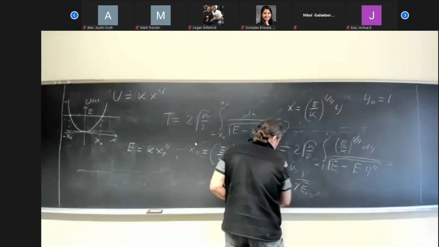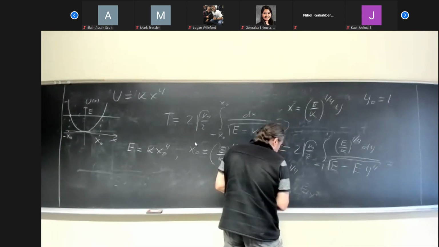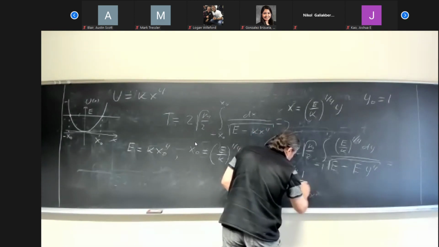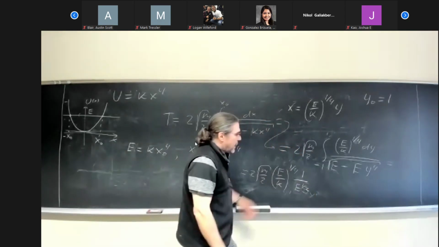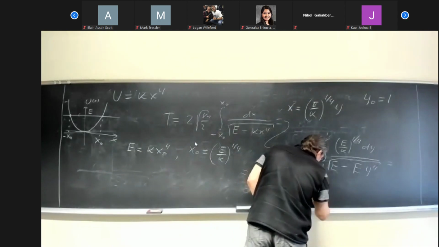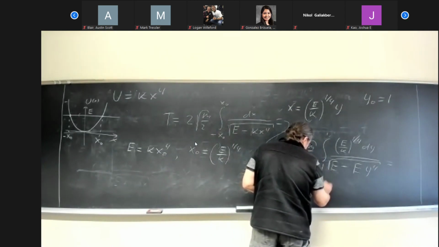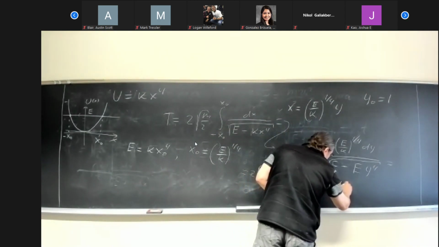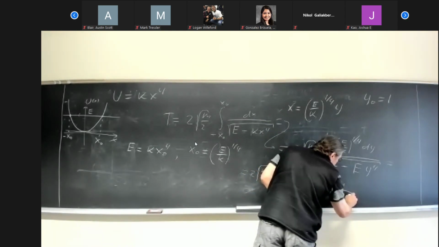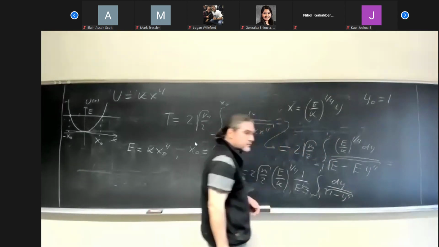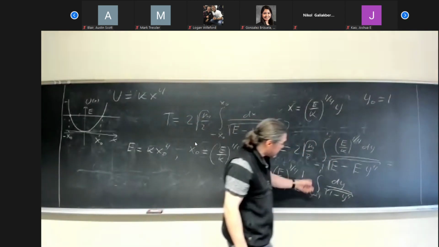Or let me write it as E to the power 1/2, 1 over E to the power of 1/2. And the rest of that will be just a number. It's the integral from -1 to 1 of dy divided by the square root of 1 minus y to the 4th power. Right? This integral now depends on nothing.